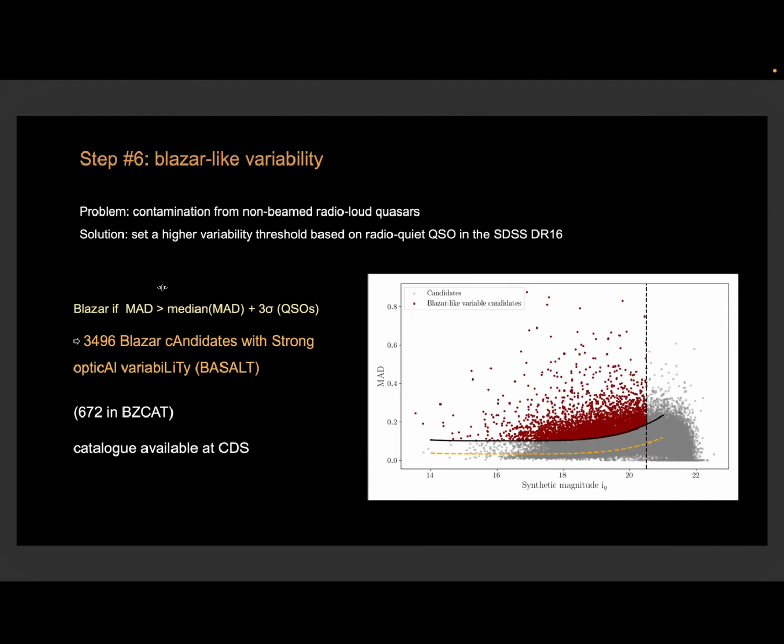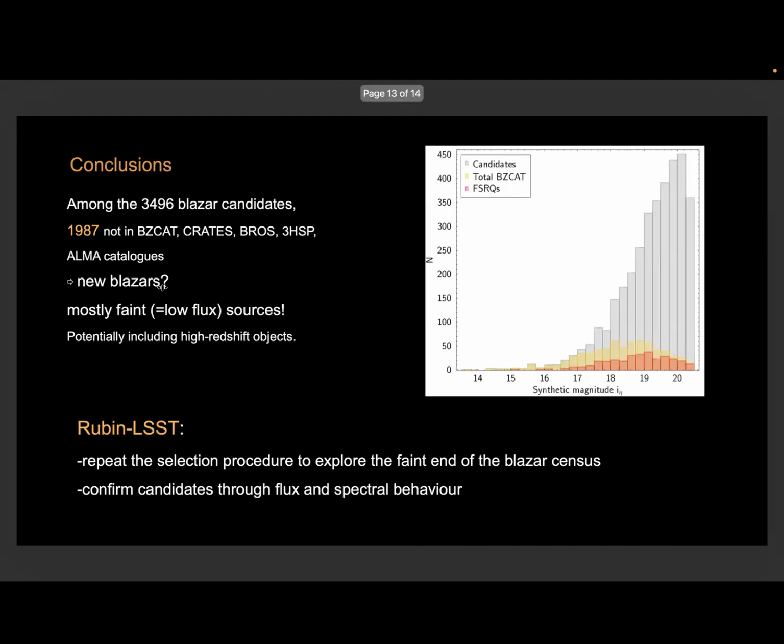So in order to separate normal radio quasars from beamed radio quasars, which are blazars, we raised the threshold of variability by considering now not stars, but radio quiet objects. So we repeated the procedure that we did to establish variability, to establish a threshold for blazar-like variability. And now we are left with 3,500 blazar candidates.